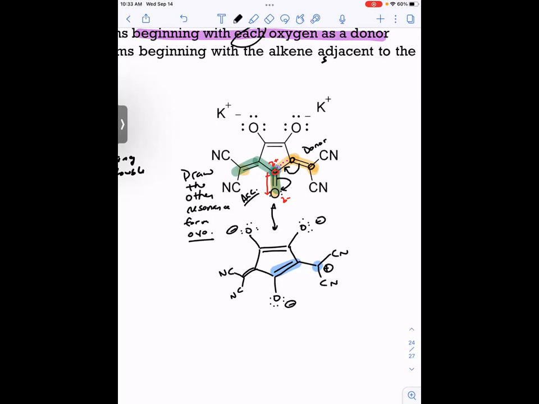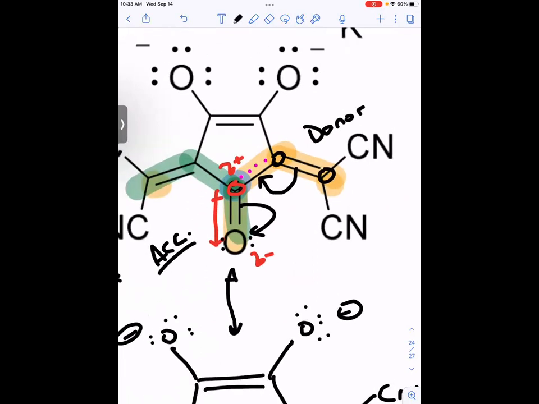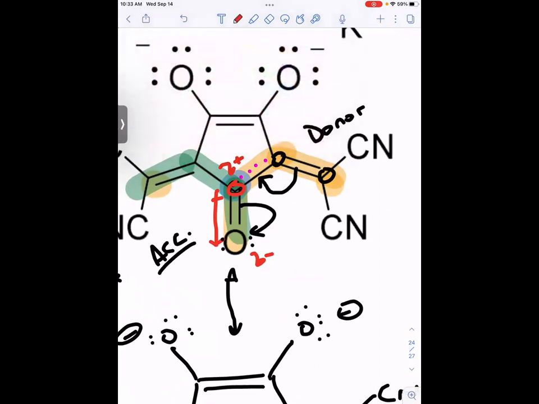Right, and again, notice where my arrows start and where they stop. If I'm breaking the pi bond between these 2 carbons right here, I start the arrow in the middle of the pi bond. If I'm breaking this pi bond between carbon and oxygen, I start the arrow in the middle of that pi bond.